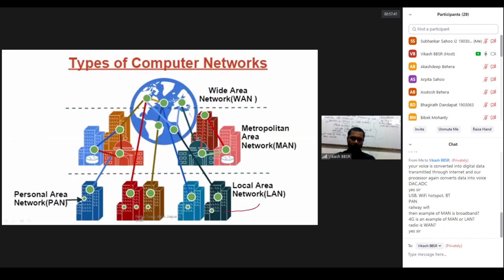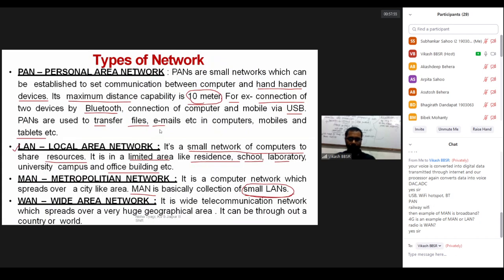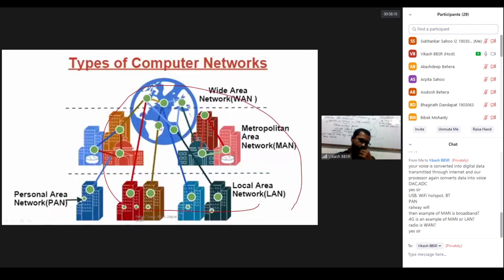Total is the wide area network. Personal network is very small.